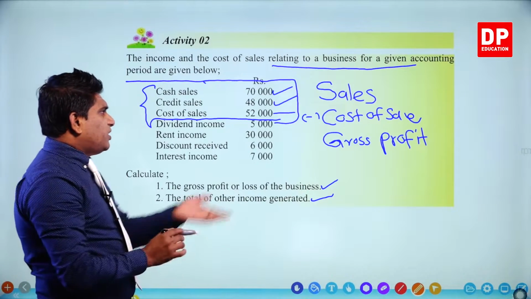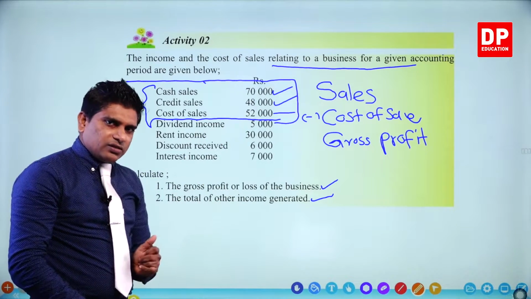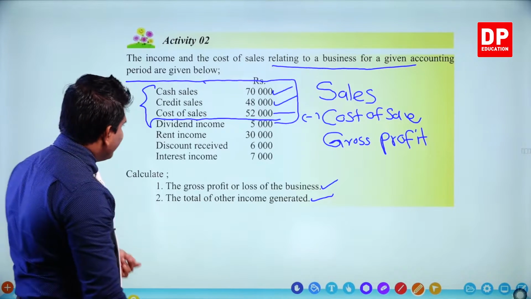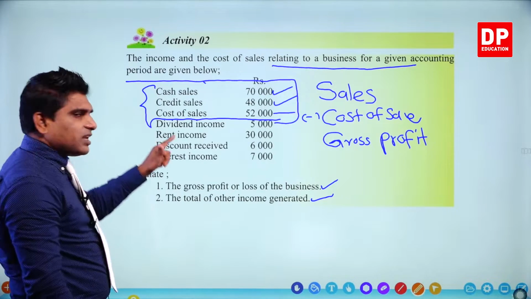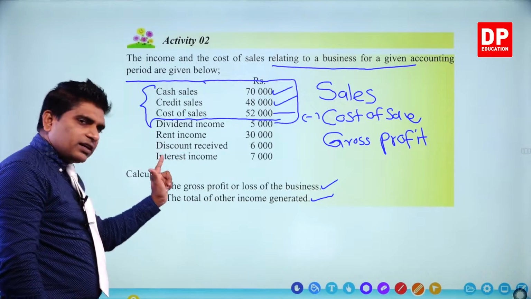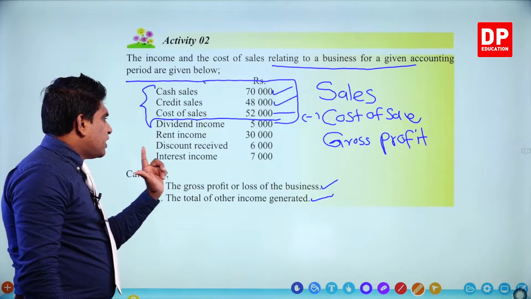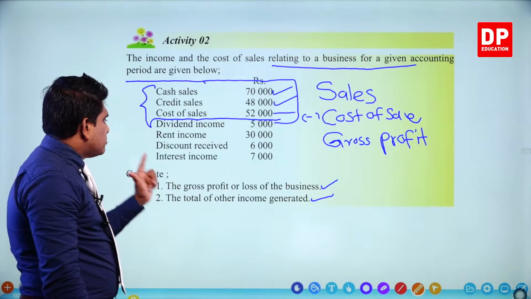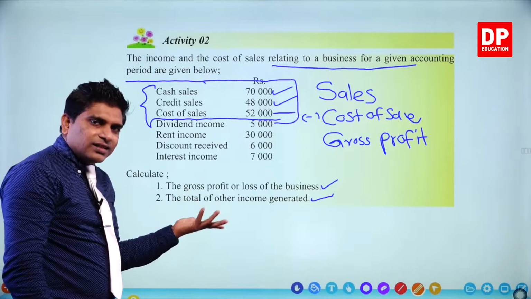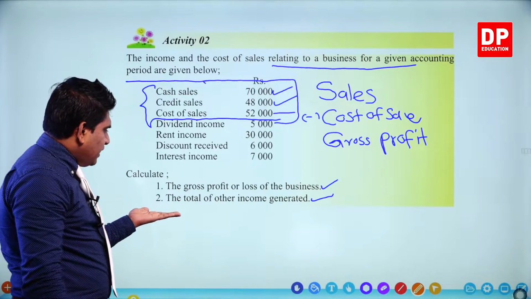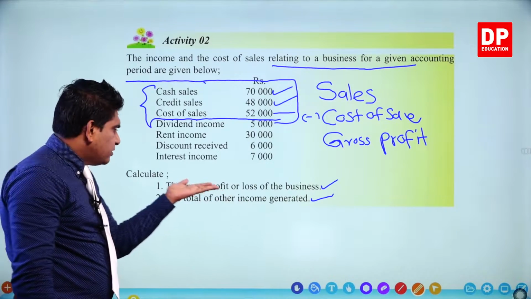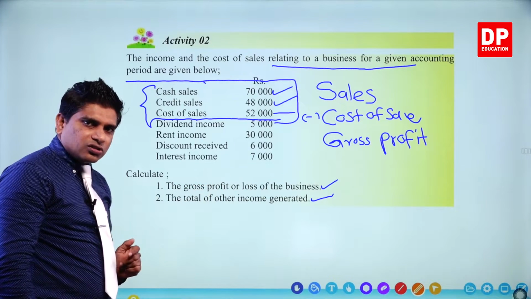From this detail, we can find gross profit or gross loss. Dividends income, rent income, discount received, interest income are all other income. Separately they give total other income and gross profit or gross loss of the business.